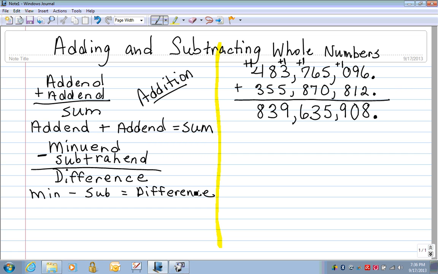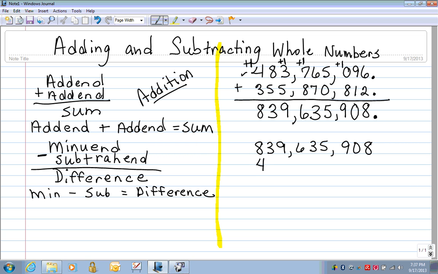So let's use an example of the numbers above. This time we're subtracting. So if I take the total, which was 839,635,908, and I subtract either one of these numbers, I'll just pick this one.